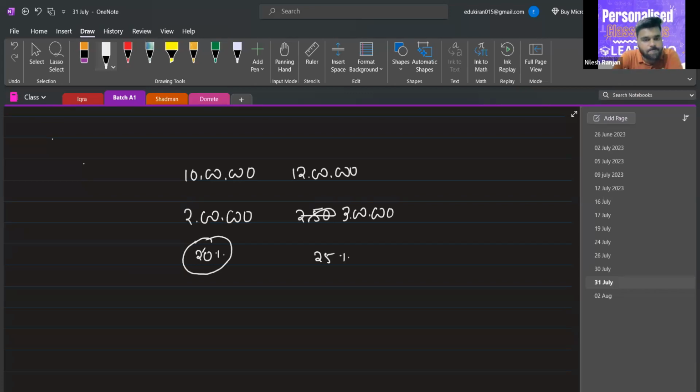In the previous year it is 20%, but now it is 25%. Our revenue has increased, but not in the same ratio as our employee benefit expenses. Employee benefit expenses have increased by a higher percent.